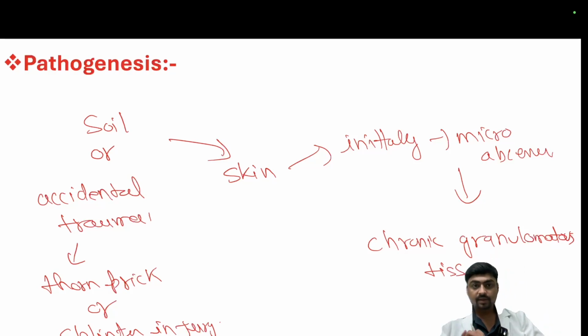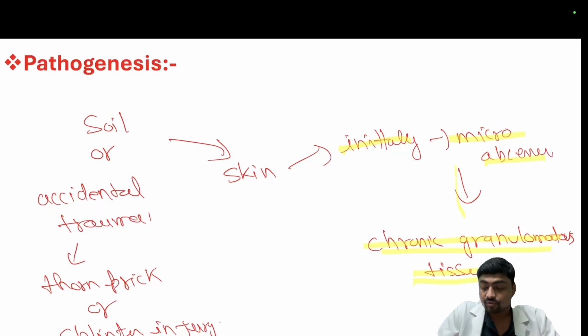So first these agents will enter the skin through the soil or by accidental trauma like thorn prick injury or splinter injury, and on skin they will initially form microabscesses, which will later on transform into chronic granulomatous tissue.